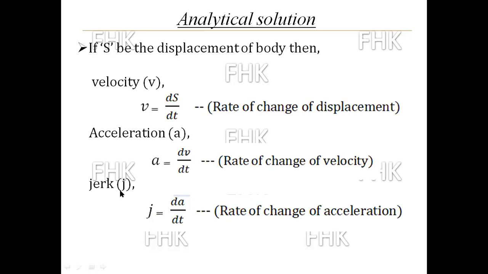The third concept is jerk. Jerk is the rate of change of acceleration. That means if you differentiate the acceleration with respect to time, you obtain the jerk. Mathematically, jerk J = dA/dt.